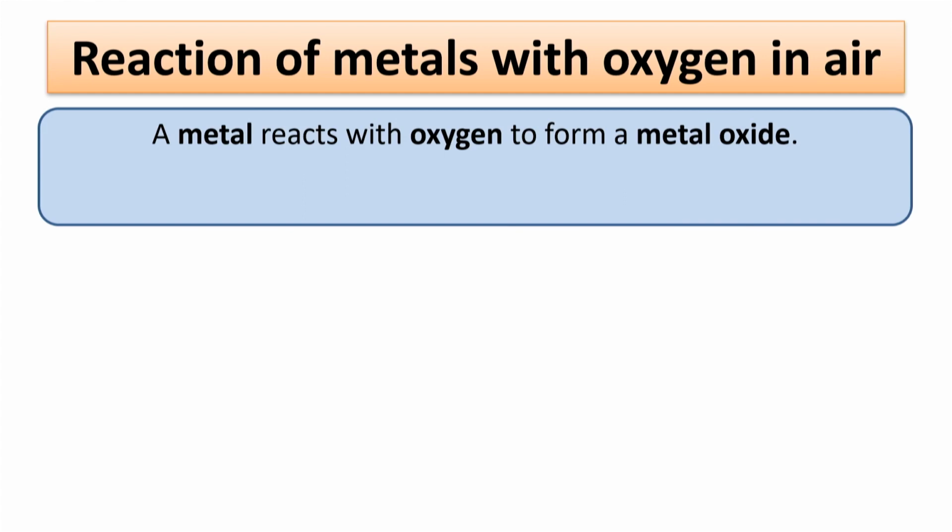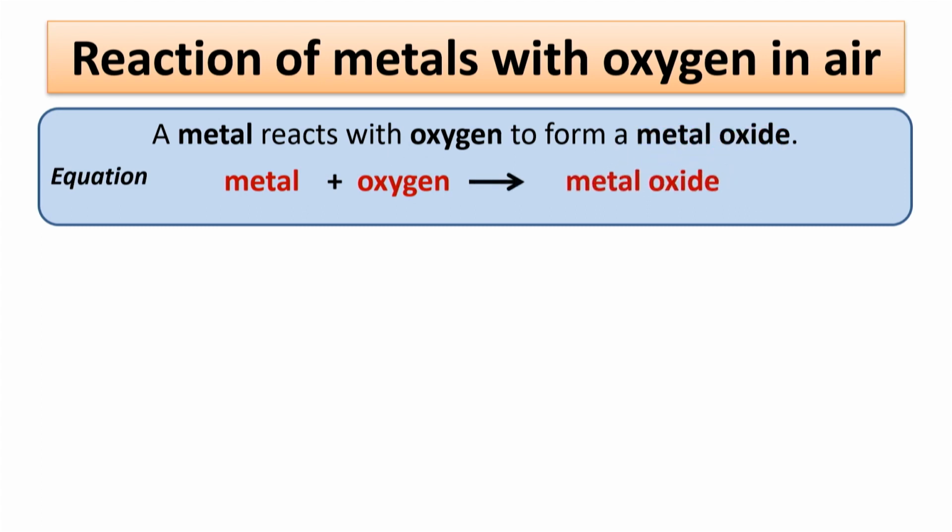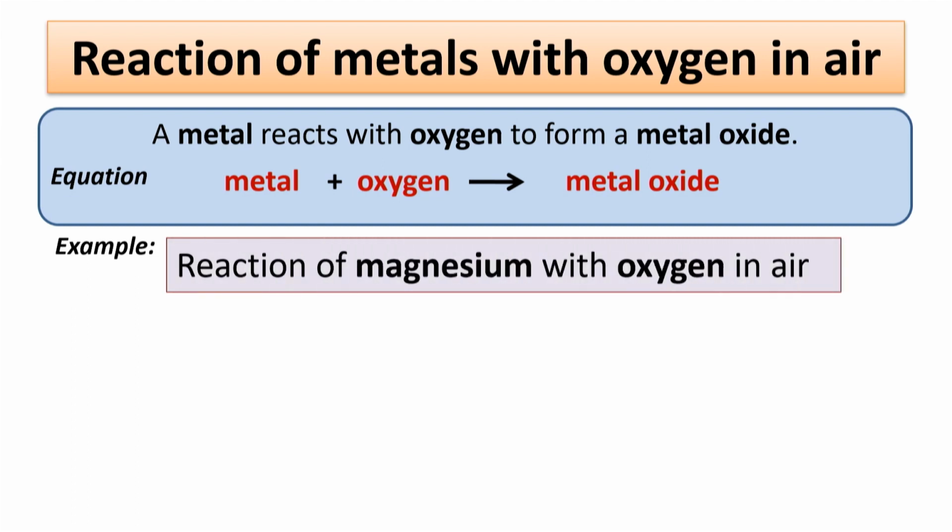When a metal reacts with oxygen, the product formed is a metal oxide. This can be represented in the form of a word equation. Metal plus oxygen produces metal oxide. Let us take the first example that we saw, the reaction of magnesium with oxygen in air.